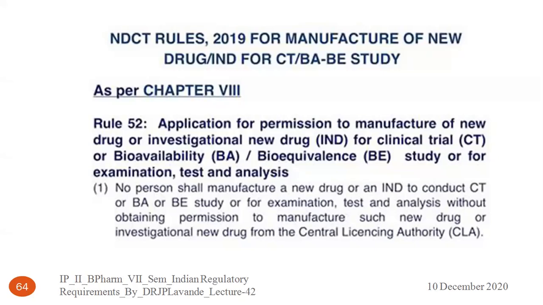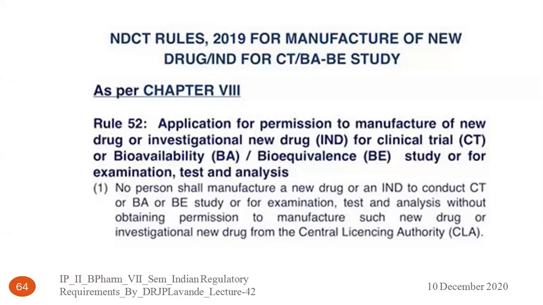Here and in the subsequent slides, you are going to find the different rules and what these rules state. So we have to understand what that rule is and what the meaning of that particular rule is, or what details have been given in that particular rule. So rule 52 under chapter 8 describes the application for permission to manufacture a new drug or investigational new drug IND for clinical trial, CT.